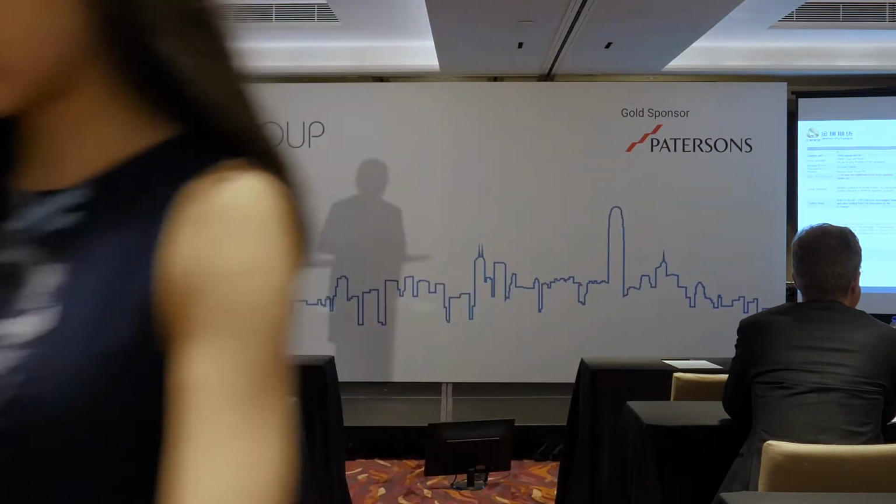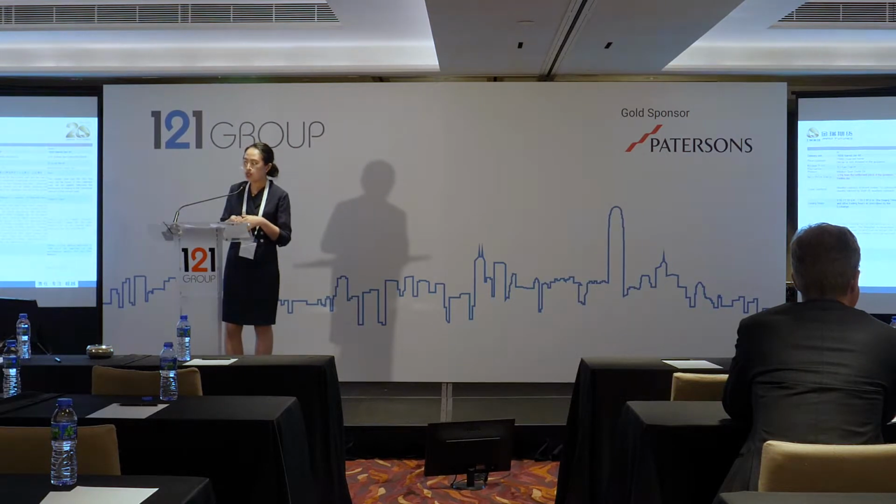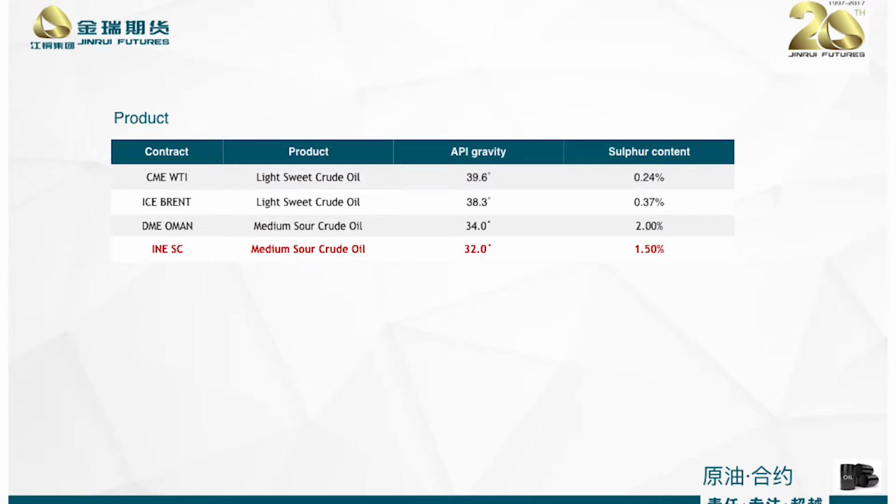Although the trading scale of DME Oman is not quite large, it is the reference for the official price. Apart from that, it also has the same crude oil accepted for delivery as the INE crude oil futures.